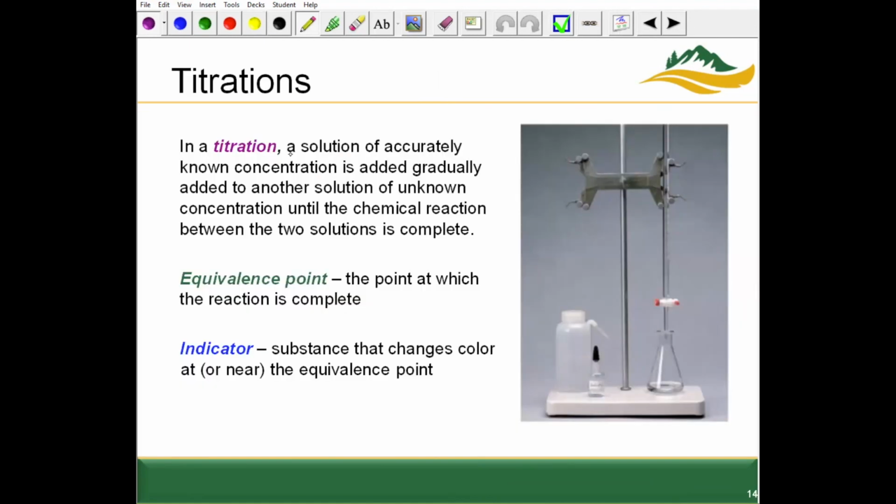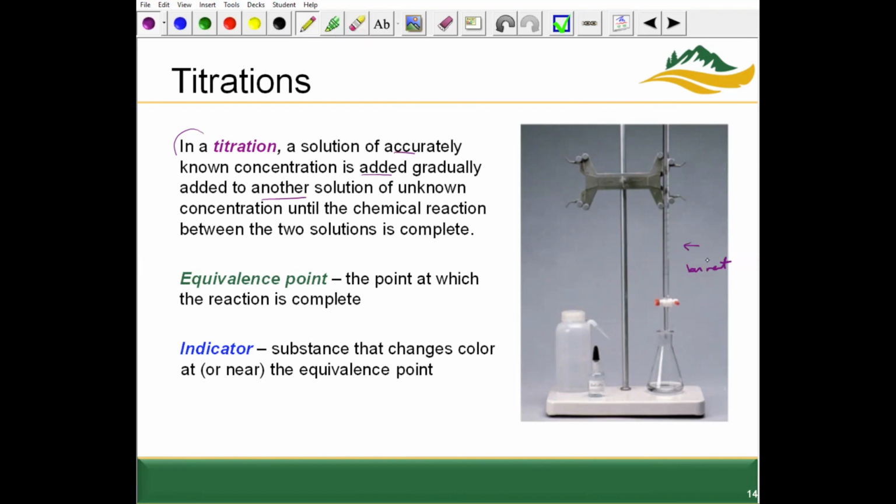So in a titration, a solution of an accurately known concentration is added gradually to another solution of unknown concentration until the chemical reaction between the two solutions is complete. So being in the lab, this is a burette. Some of you have used a burette now in lab, but this is a burette. This is where our known concentration is going to be.